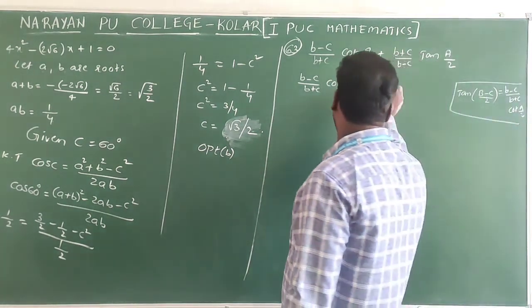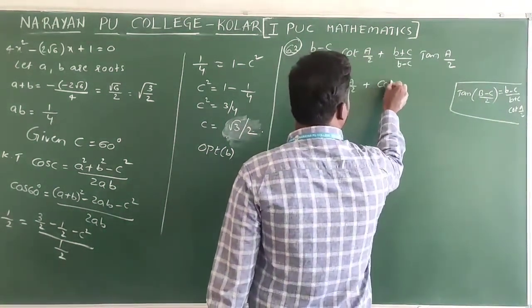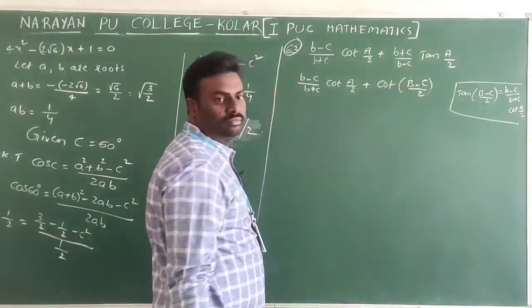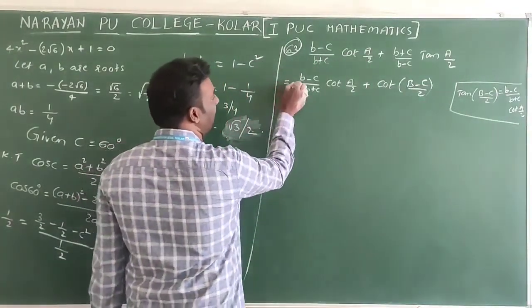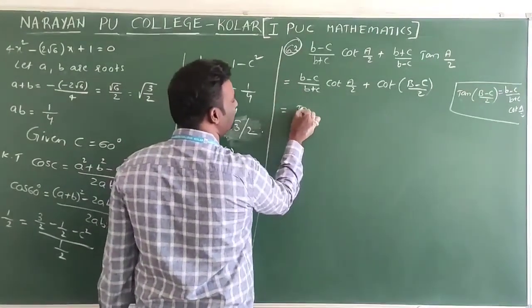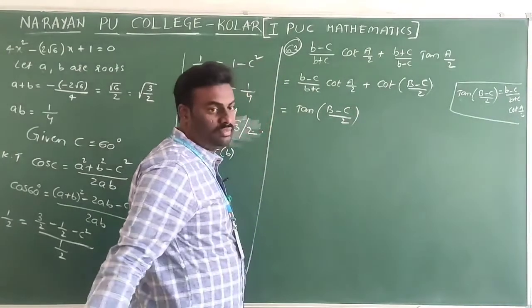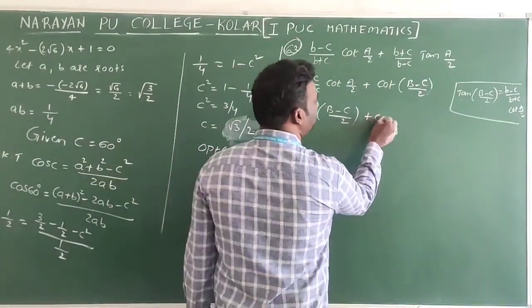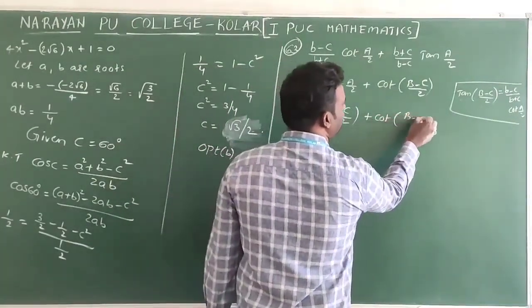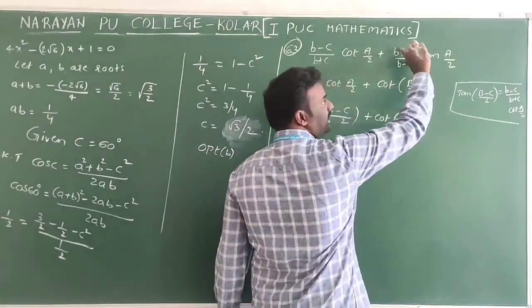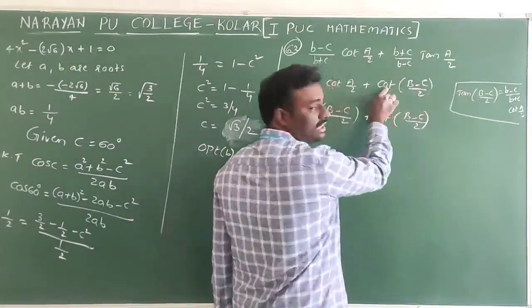I am writing directly, this is cot of b minus c by 2. Okay, and this is, I can write tan b minus c by 2 plus cot. Actually, this is a correct formula, but here the step is reverse. Reverse of tan is nothing but cot.